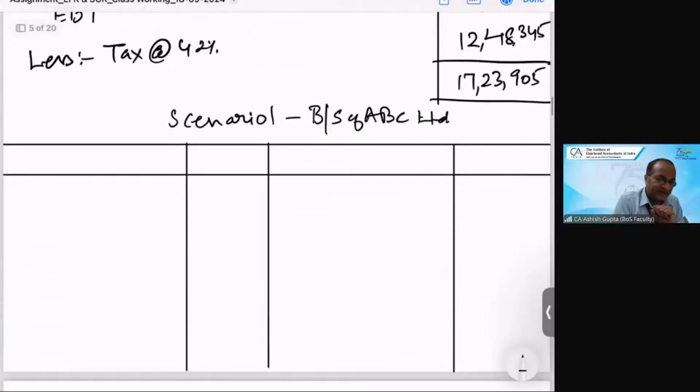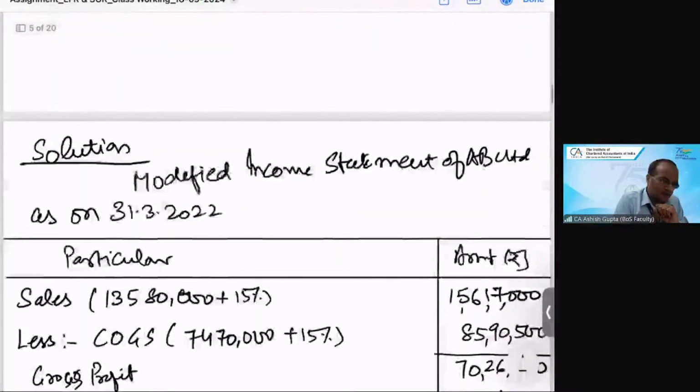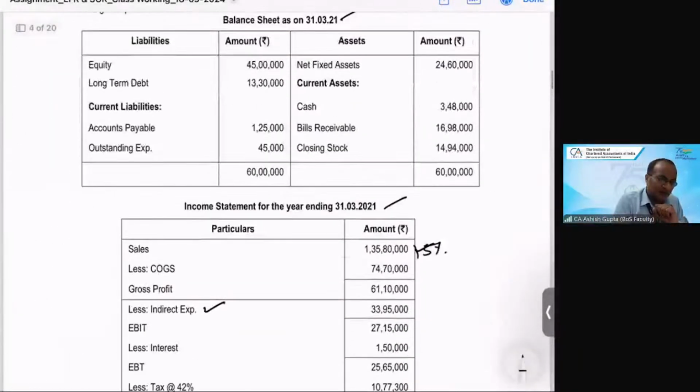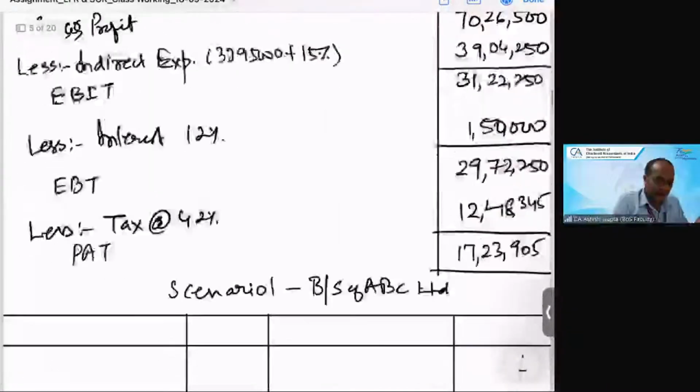Our profit after tax is, please remember, here 7. Now the net fixed assets in the balance sheet were 2466. It will remain the same, but here there will be an increase of 15%, and here also there will be an increase of 15%. So accordingly, I just consider this change in my balance sheet.